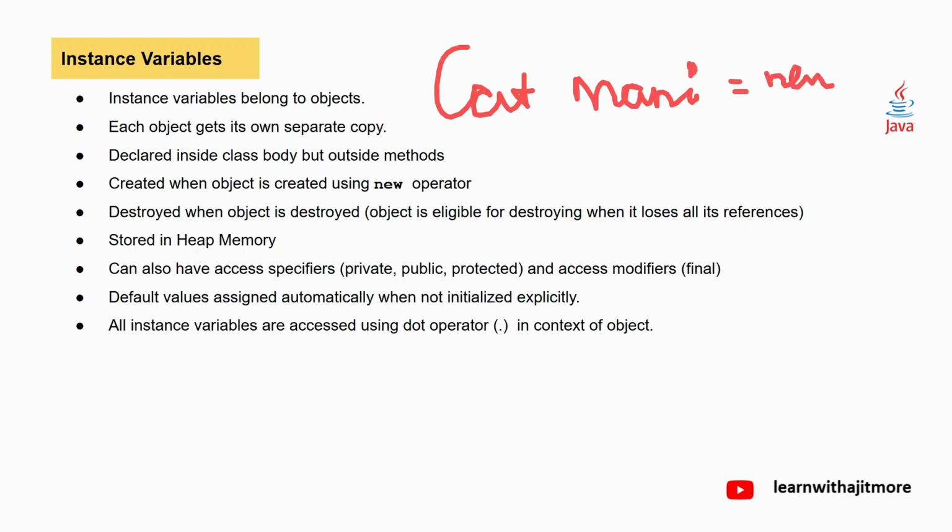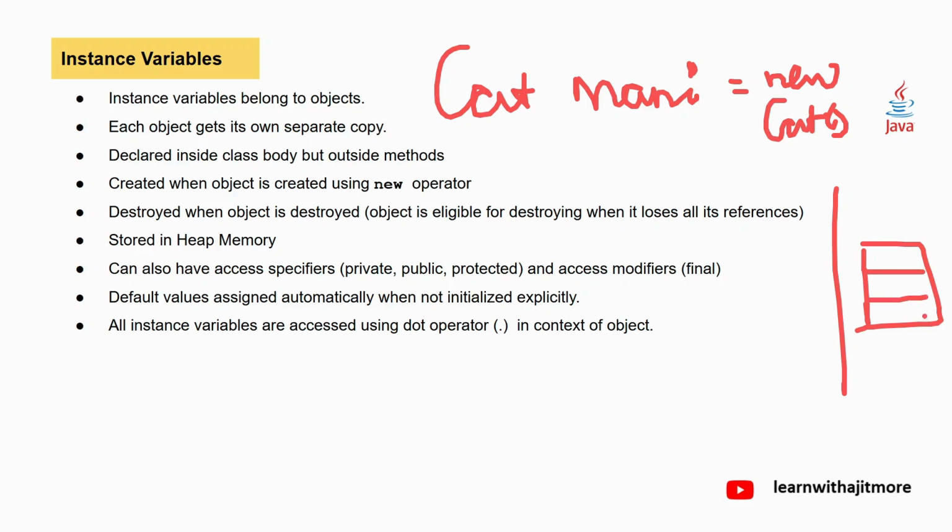So instance variables are created on the heap, right? As much memory as is needed for the cat instance variables, like height, color, breed, whatever. And then the reference is stored in the money variable, that is having a name. Whoever is having a name will be on the stack.